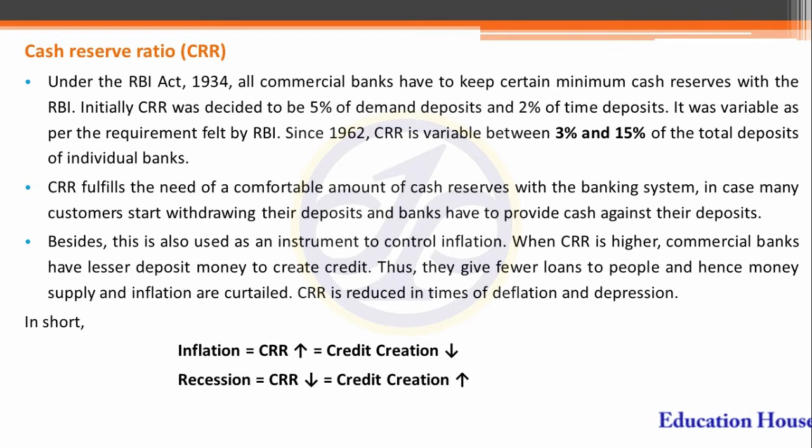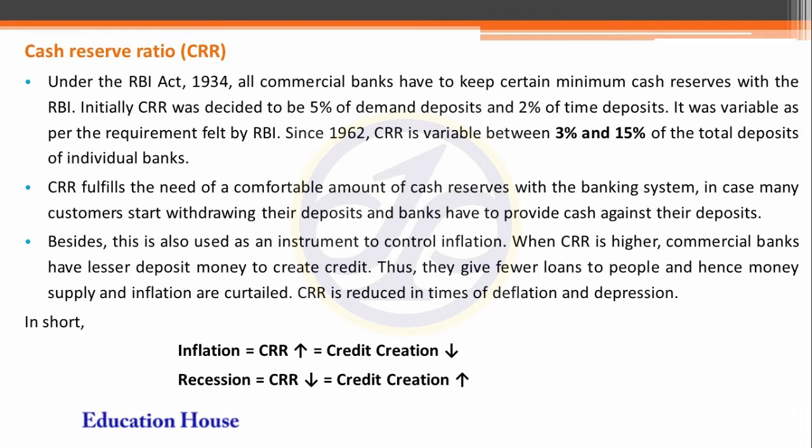The cash reserve ratio was decided at 5% on demand deposits and 2% on time deposits, but nowadays, since 1962, CRR is variable between 3% and 15% of the total deposits of individual banks. According to the CRR, the Reserve Bank of India controls the demand and supply of finance.